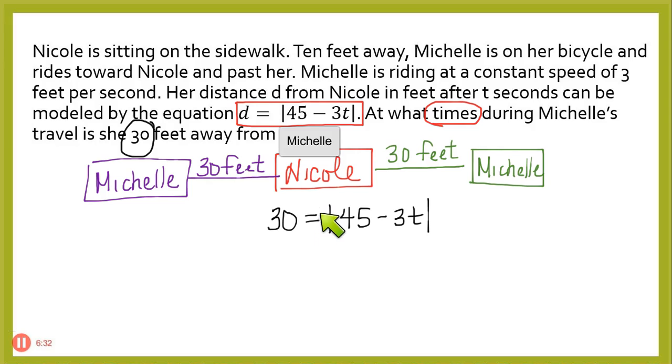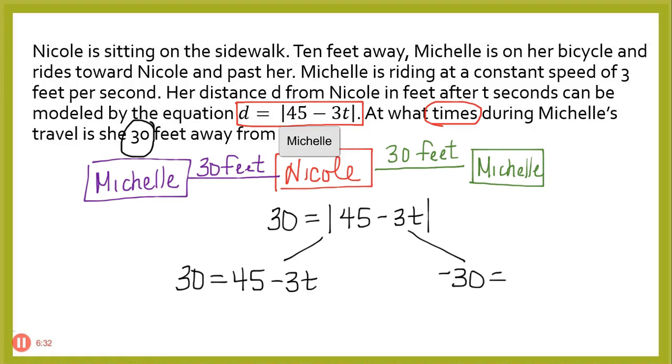We don't have any numbers in front or behind. So we are already prepared to separate it into two equations. So 30 equals 45 minus 3t, and negative 30 equals 45 minus 3t. So we're ready to solve.